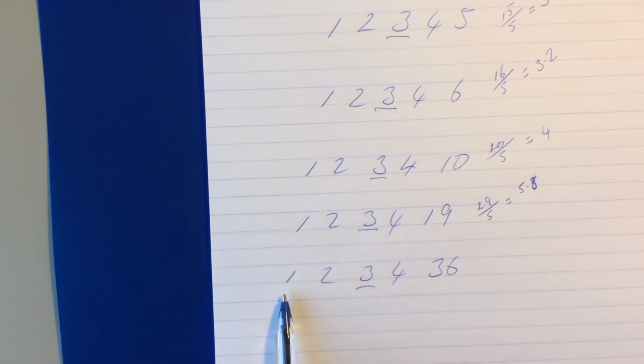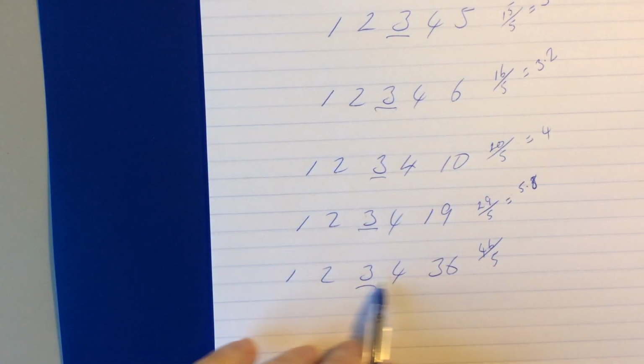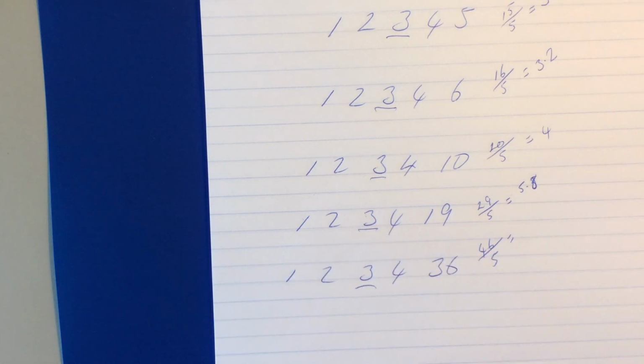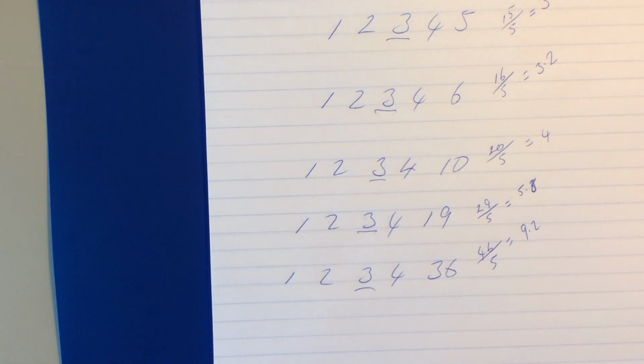Okay, we get to this. 36 and 4 is 40. 43, 46. The median is still 3, and we've got 46 over 5 to get our mean. That is 9.2. Okay, this is starting to get a little odd.